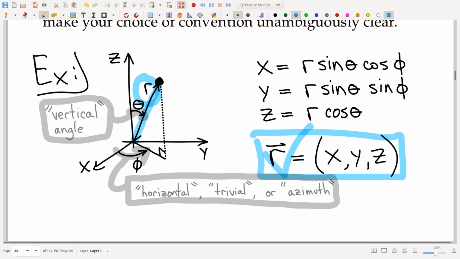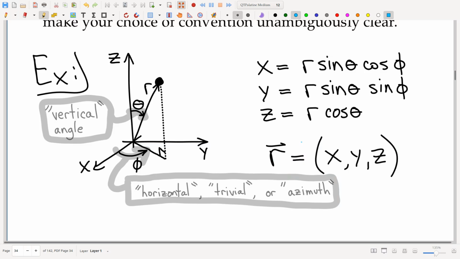And the other thing, and this is more frustrating to me because it seems so unnecessary, but in some circles, such as in physics classes I took back in college, what we call theta, they call phi, and what we call phi, they call theta. It's super frustrating.